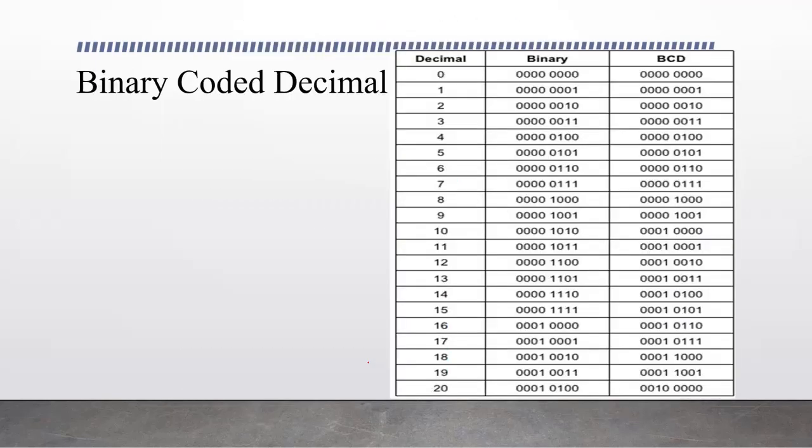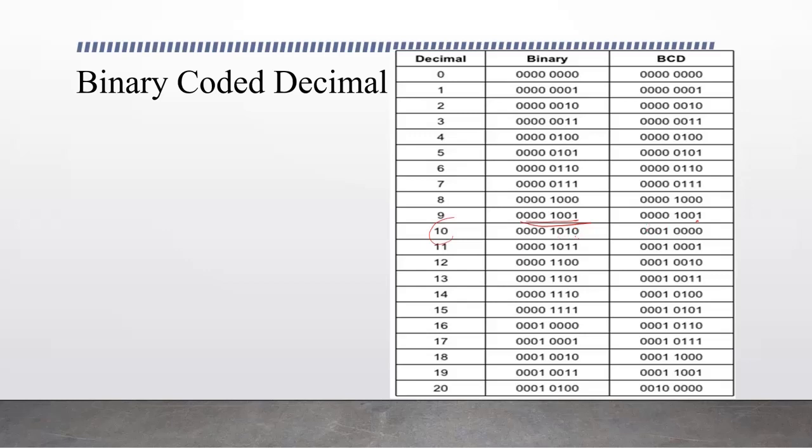The binary coded decimal does the same for decimal numbers 0 to 9. The numbers 0 to 9 are coded as 0000 up to 1001. The 9 in the normal binary code we use is 1001. And the next number, if you observe this table here, is 10. The normal binary equivalent is the next pattern after 1001, which is 1010.